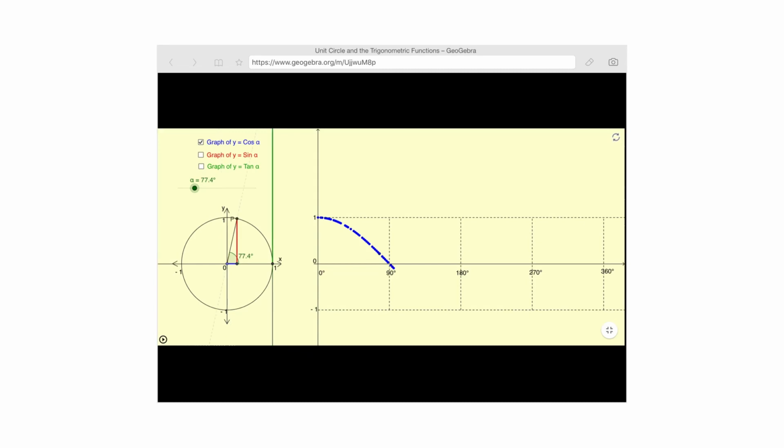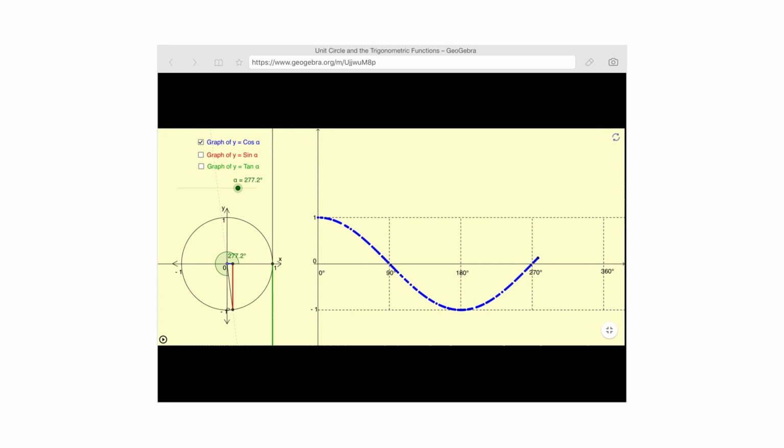If we keep on going past 90 degrees, we are to the left of the rope or the y-axis, and the furthest we'll get from the rope is at 180 degrees. At 180 degrees here, we are at the furthest, 1. That's why -1 is the farthest you'll get from the rope. As we keep on going on this ride, we get closer to the rope, and the graph is now on the x-axis at 270.